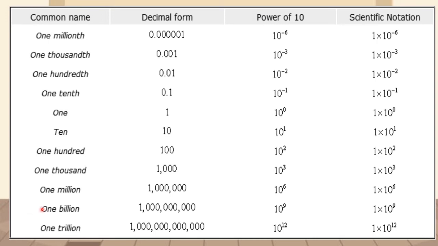For 1,000,000,000, its power of 10 is 10 raised to 9, and its scientific notation is 1 times 10 raised to 9. Lastly, 1,000,000,000,000, its power of 10 is 10 raised to 12, and its scientific notation is 1 times 10 raised to 12.